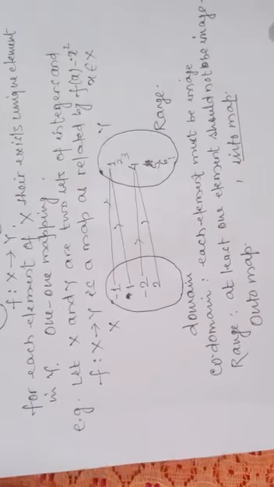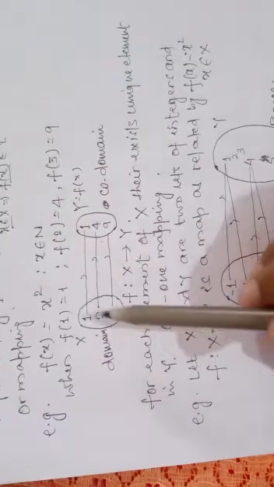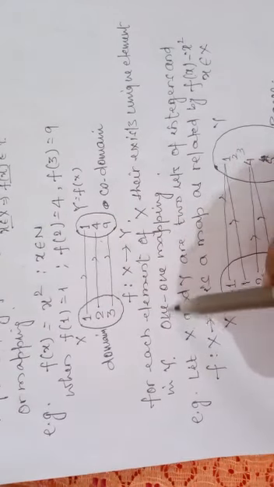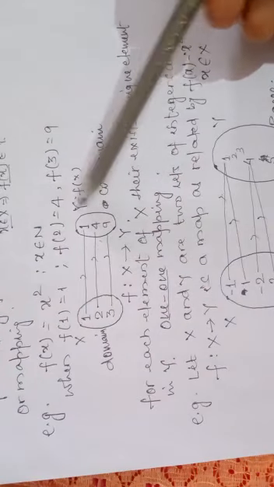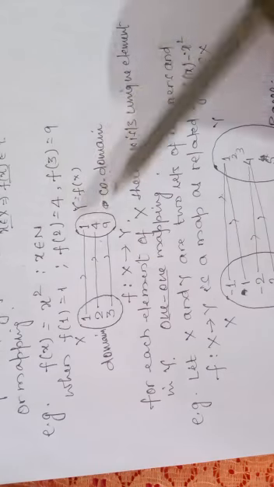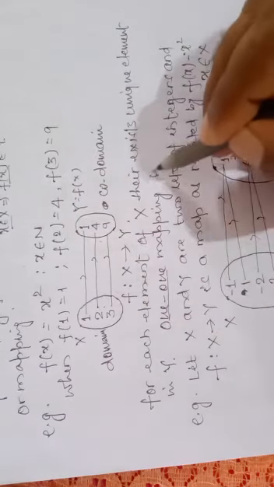So in the first example, each element has only one image, so you already know this is 1-1 mapping, and each element of codomain is an image, or you can say range is an image, so it is actually a 1-1 and onto map.